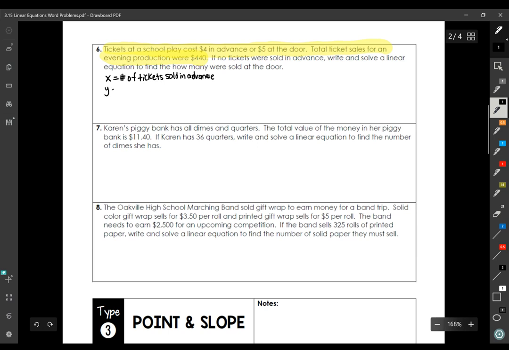And Y will equal the number of tickets sold at the door.